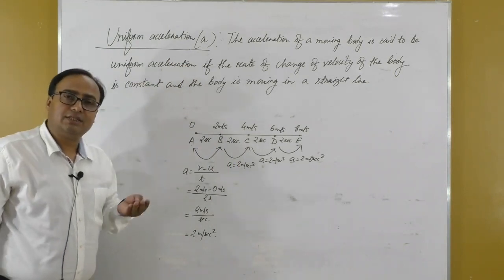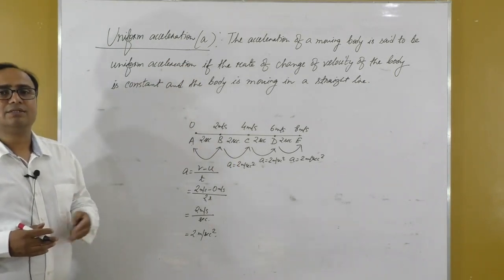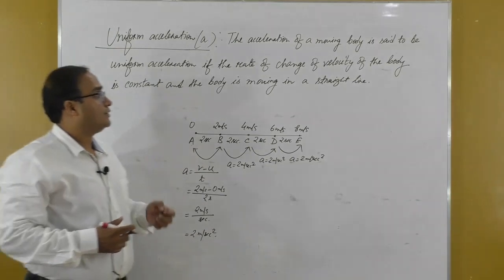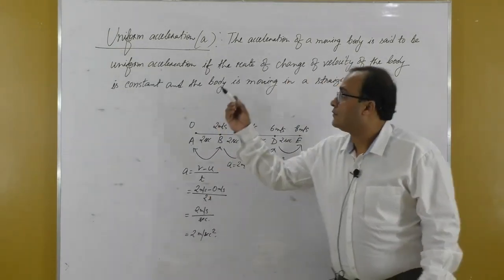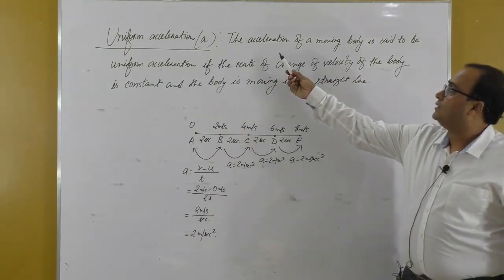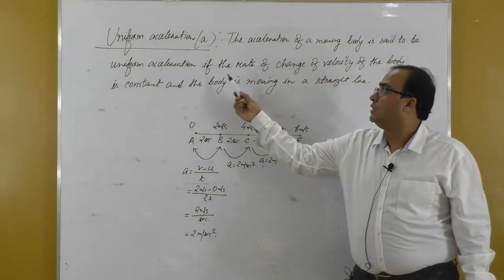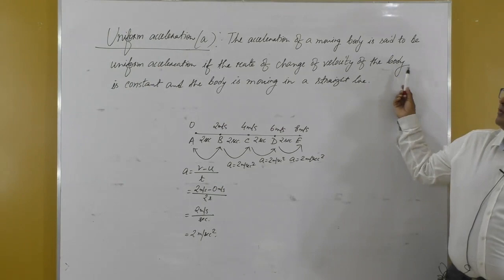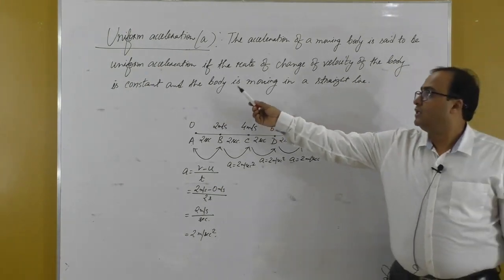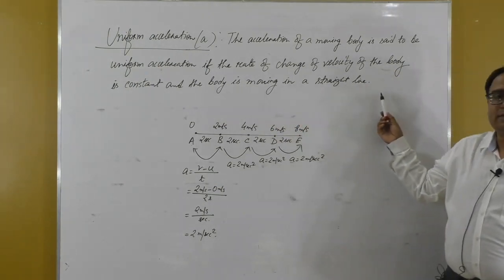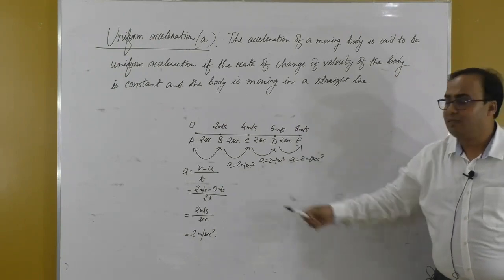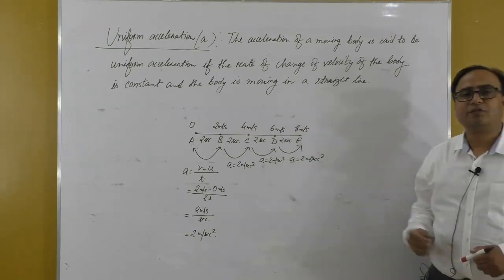If direction changes, we say that acceleration also changes. So look at the definition here. Uniform acceleration: the acceleration of a moving body is said to be uniform if the rate of change of velocity of the body is constant and the body is moving in a straight line. So this is the example to understand the term uniform acceleration.